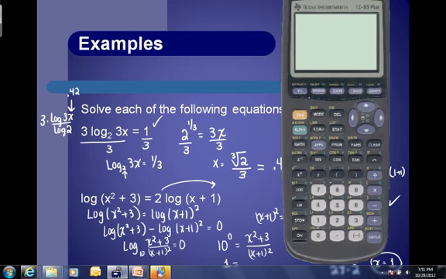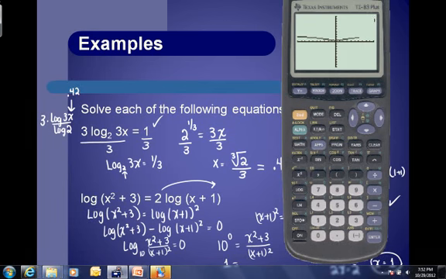Now to show you this one on your calculator, we would get the log of x squared plus 3, and then the other side would be 2 times the log of x plus 1. Graph those.